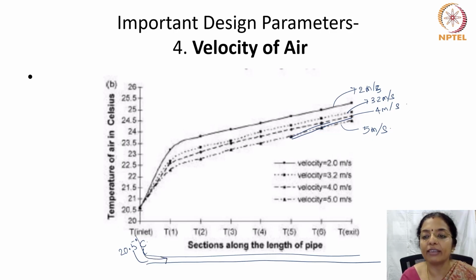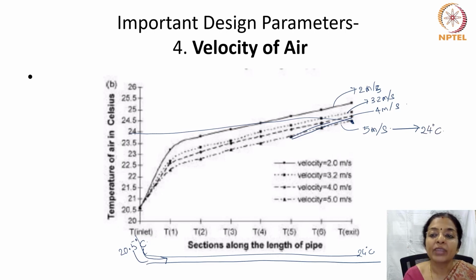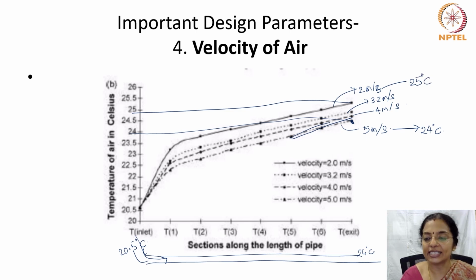If the velocity of air is 5 meters per second, the outlet air temperature is about 24 degrees centigrade. Whereas when the velocity of air is 2 meters per second, the outlet temperature is about 25 degrees centigrade.